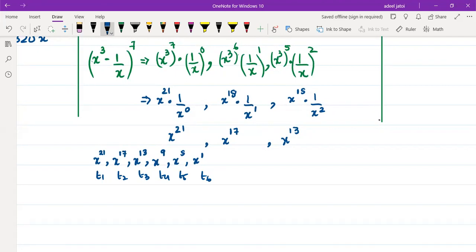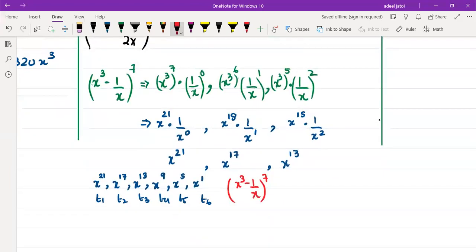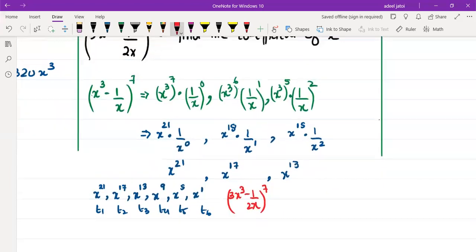So I have always said that whenever you need to take the power, your power will be 1 less than the term. So that means your term is 6, your power should be 5. The exact question was x cube minus 1 upon x to the power 7, but I removed the coefficient. Your exact question was 3x and this had 2. Do you agree?